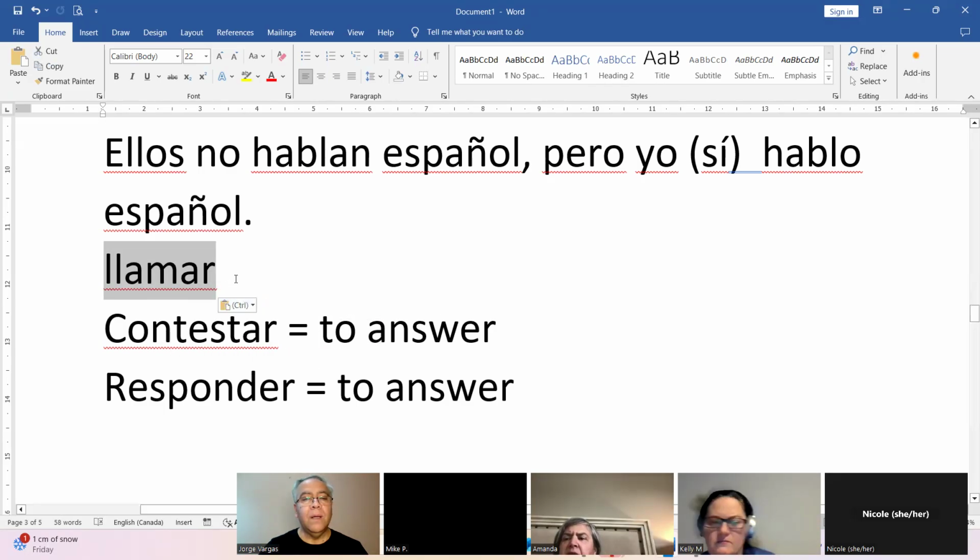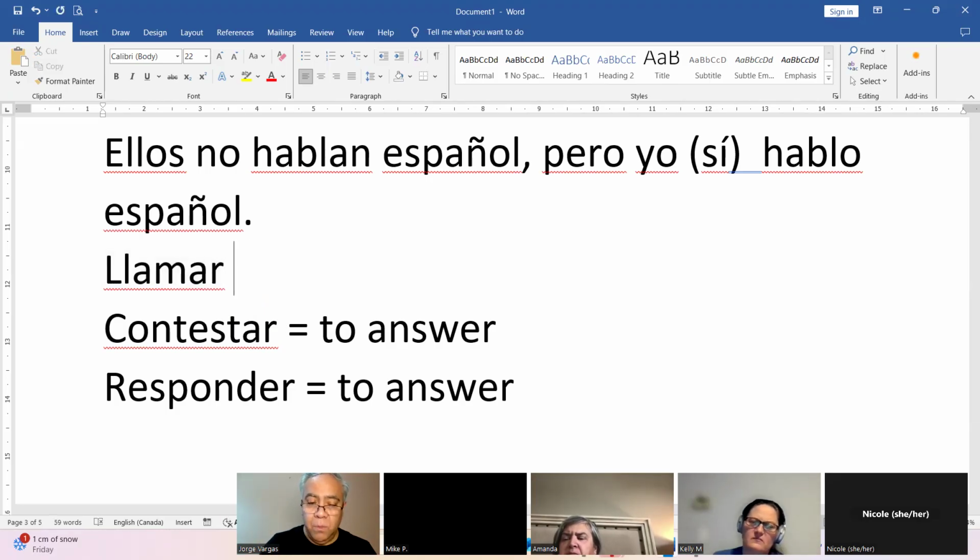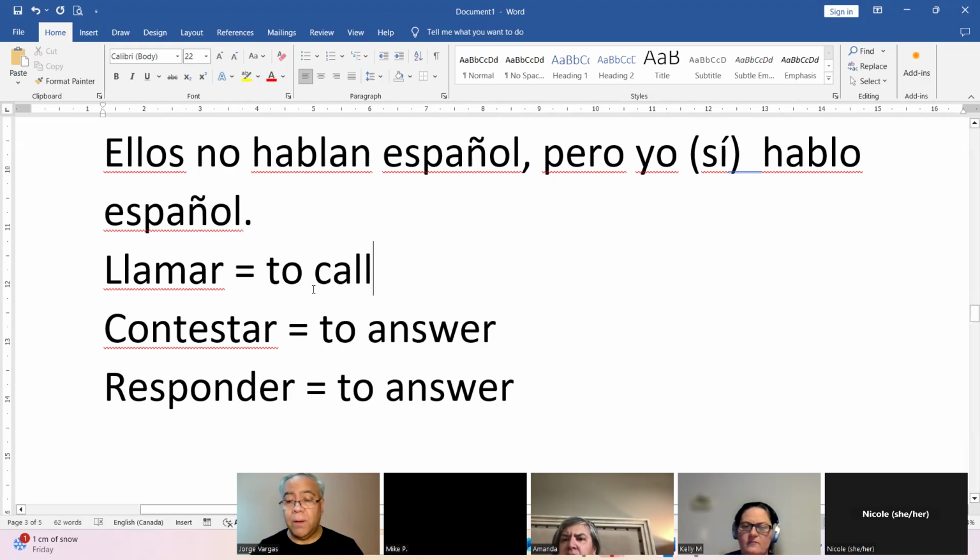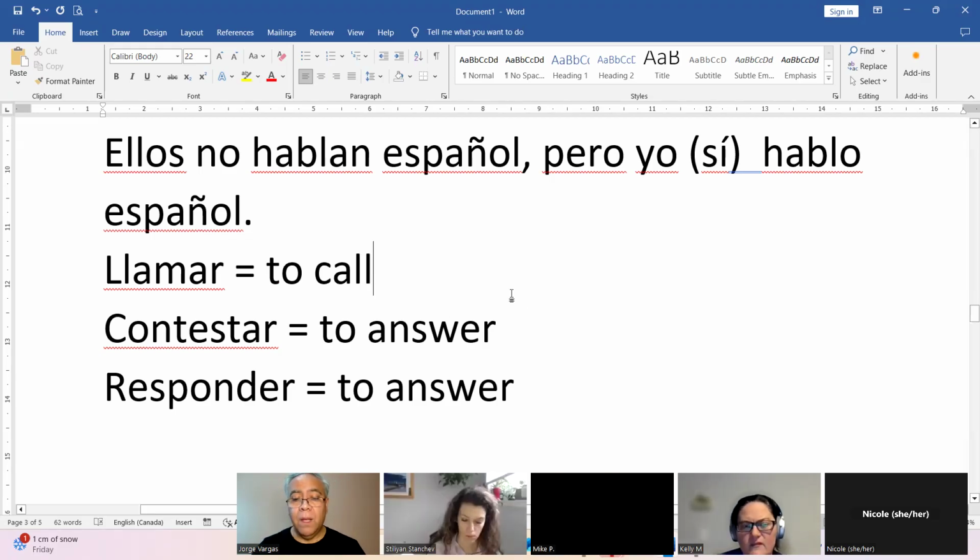To name, but also when you're not using it with the se, technically speaking, you're saying to call. Are we in agreement here? Okay, so conjugate the verb, and then I'll give you a typical situation where you would use these three verbs.